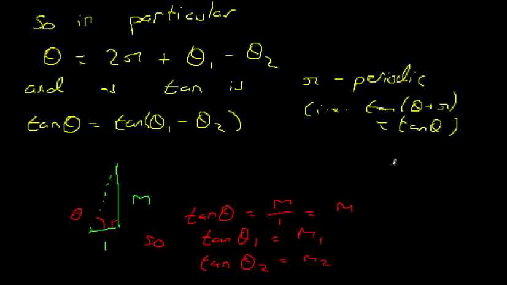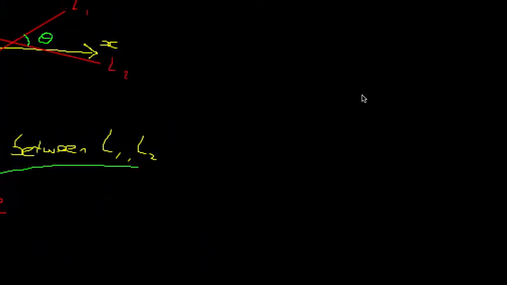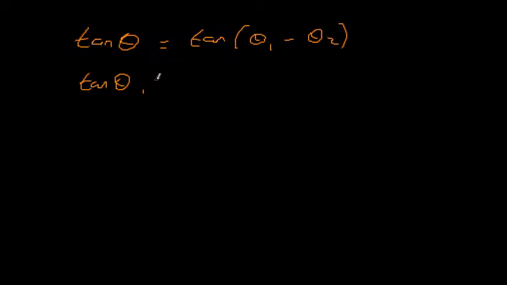So now, substituting into this formula, I'll write everything out again. So we have tan theta is tan of theta 1 minus theta 2, and tan theta 1 is m1, tan theta 2 is m2, so call this star.